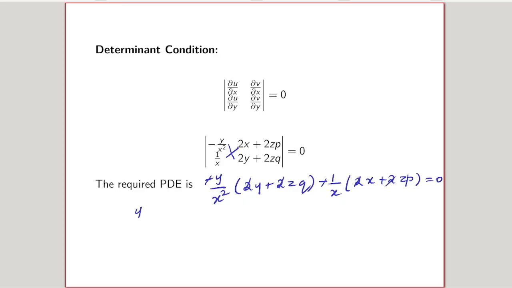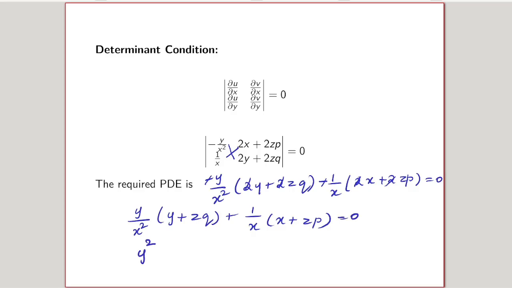So the remaining part will be y by x square into y plus zq and plus 1 by x into x plus zp. So now let us take LCM and then bring that x square term to right hand side. So your right hand side will be 0 always.